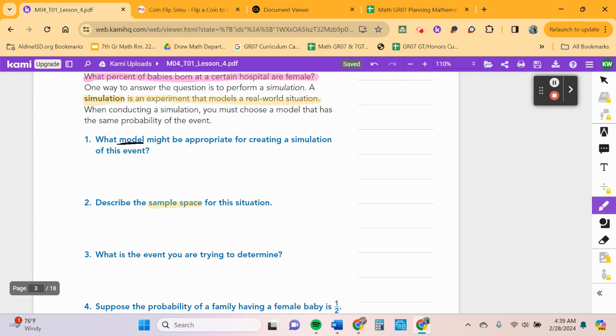So if we're talking about babies being born at a hospital, there are only 2 possibilities, male or female. So that could potentially look like a coin toss. This is just one example, and I want you to give your own examples. So it could look like a coin toss where I've got 1 heads and 1 tails.